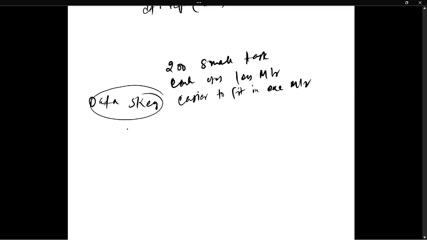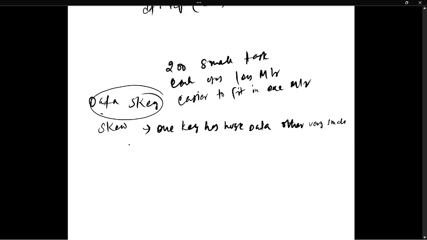So what is skew? Skew is when one key has huge data and others are very small.